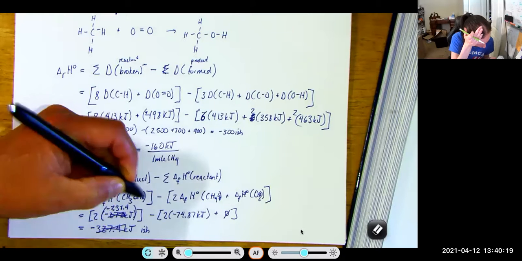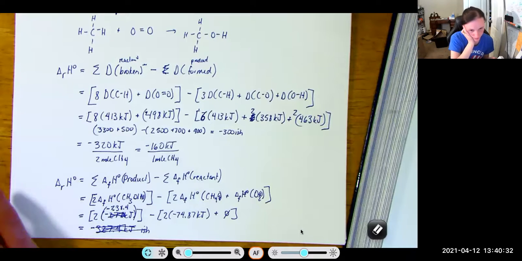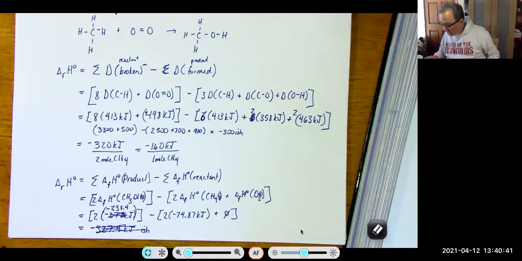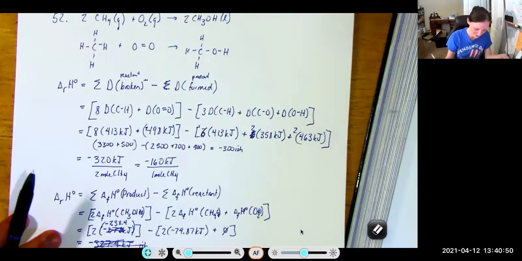Wait. It's not 201. Negative 201. Methanol, CH3OH. No, methanol is minus 238.4 because it's a liquid. Oh, oh man. Okay.